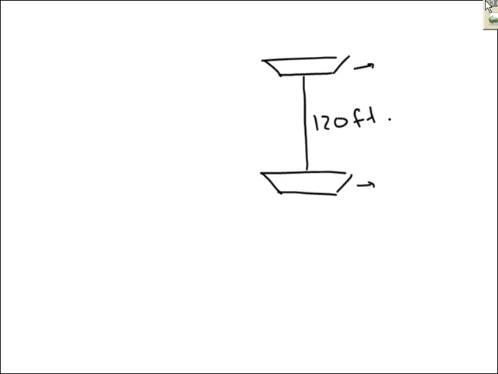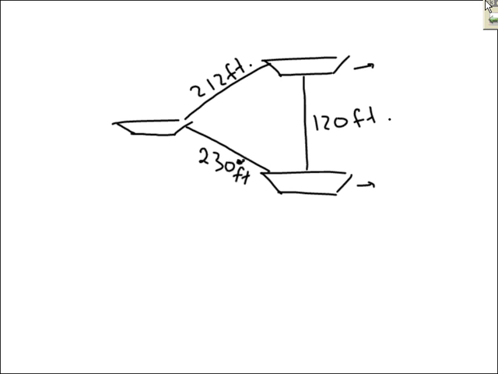And they're pulling a third boat by a rope. This rope is, say, 230 feet. Not degrees, 230 feet. And this rope to that boat is a little bit shorter, 212 feet. The question is, what's that angle?